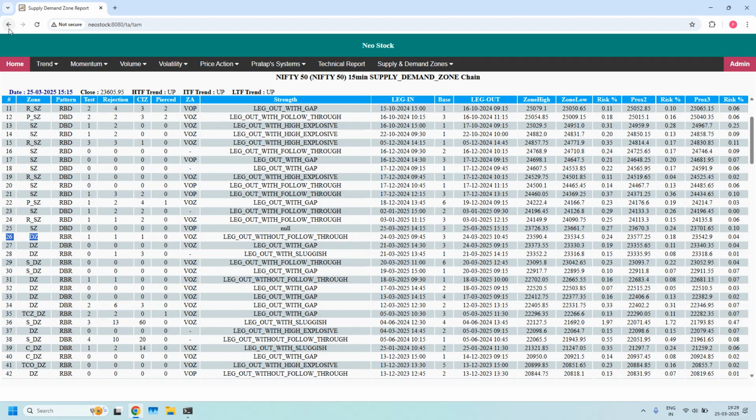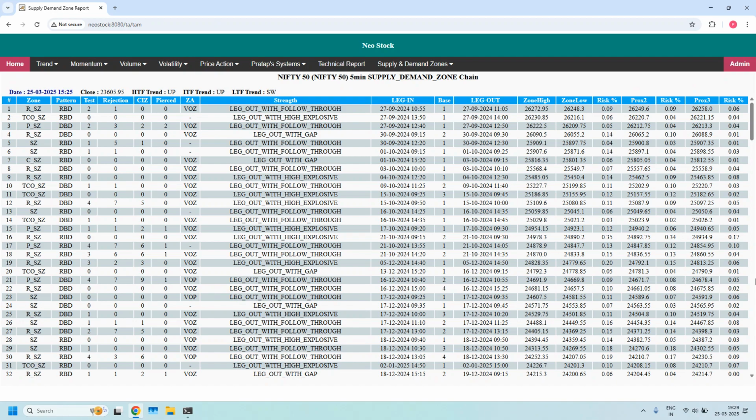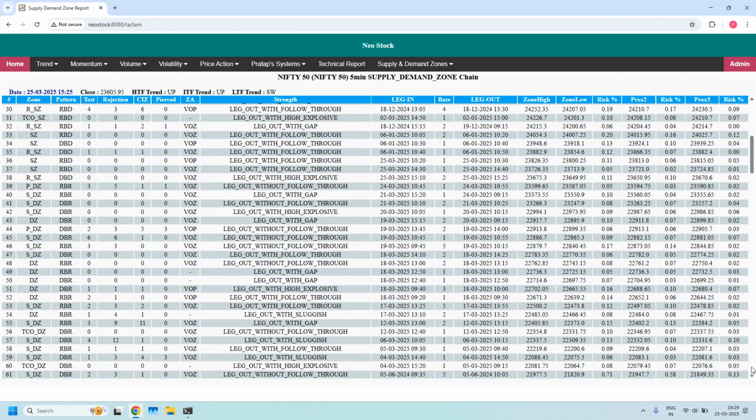Next, 5 minutes supply demand zone chain for NIFTY. All these are supply zones. I'm scrolling the list down. The nearest demand zone to the closing price is serial number 39, pierced demand zone.